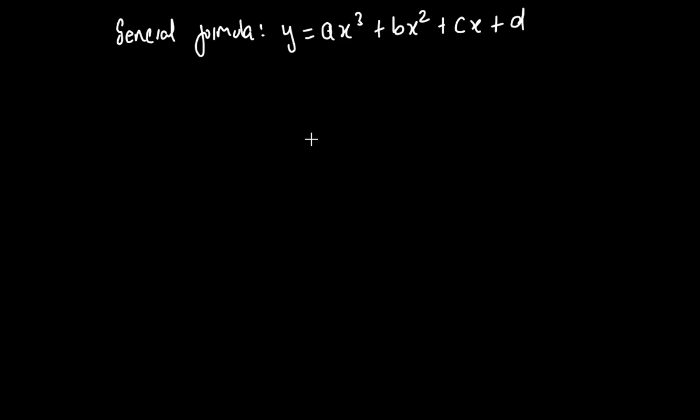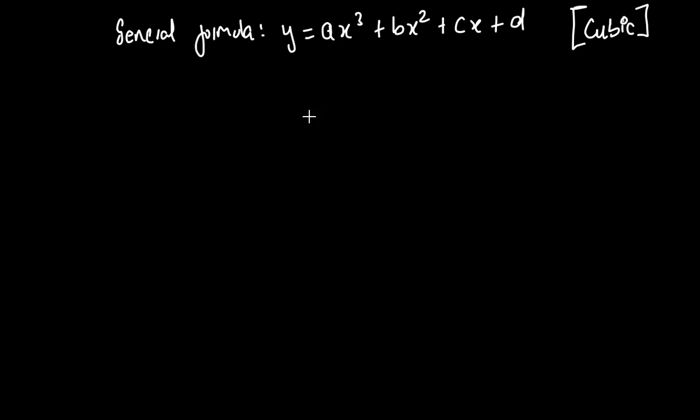Remember, the general formula of a parabola is ax squared plus bx plus c. So this is for a cubic function. The general formula is y = ax³ + bx² + cx + d. As you can see, the highest exponent is 3. And this is your a there.